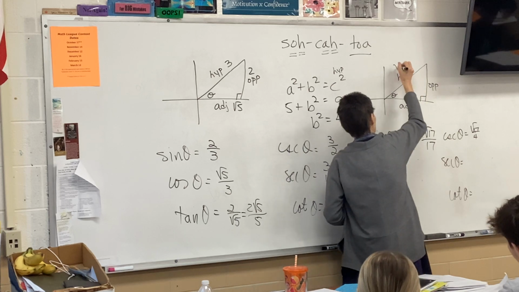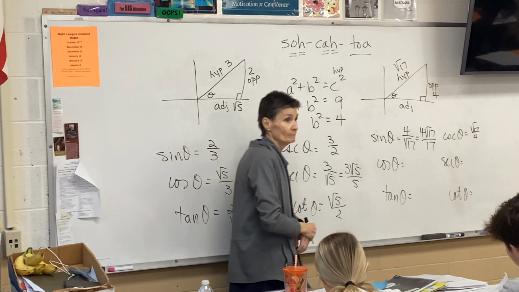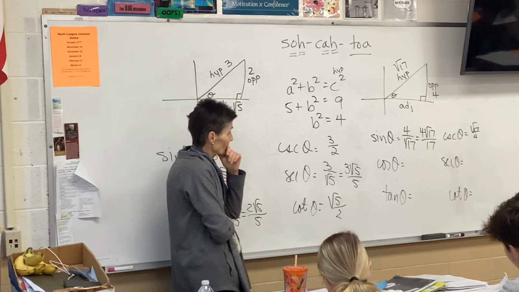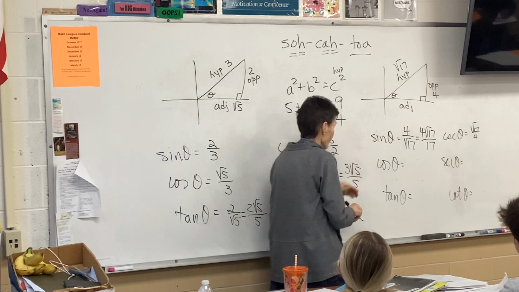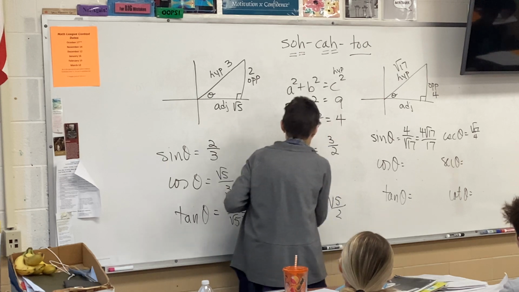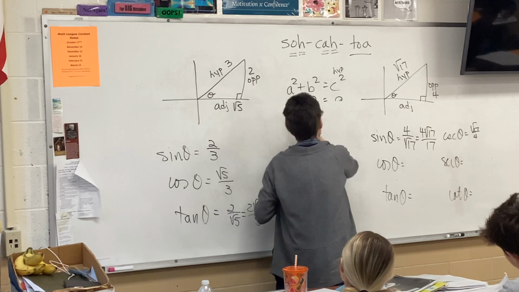So hypotenuse is root 17 and opposite is 4. Now I'm missing my adjacent. How am I going to find it? Pythagorean theorem.